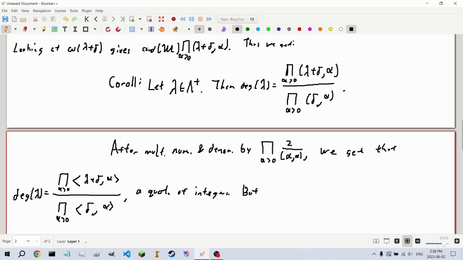But we recall that for lambda plus delta, angle bracket with alpha, we set up way before the idea of a dual root, which is set up so we have the following equation, where this is the dual.